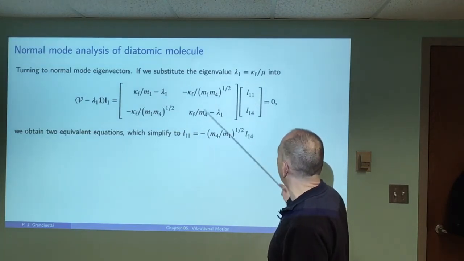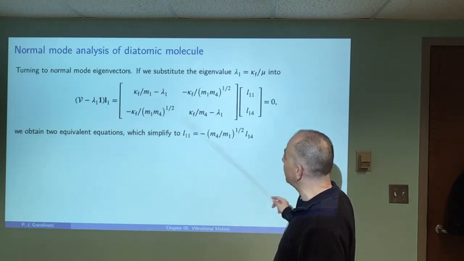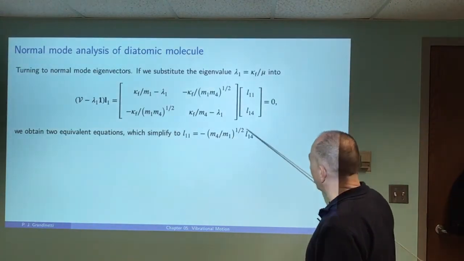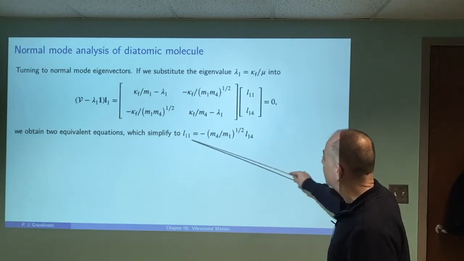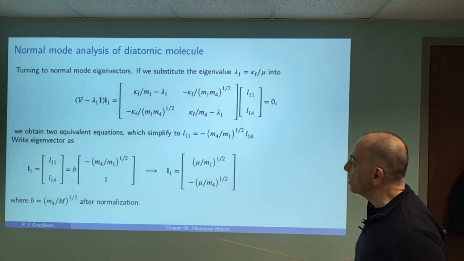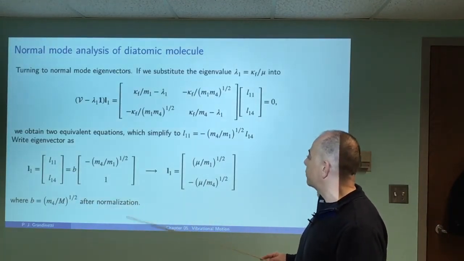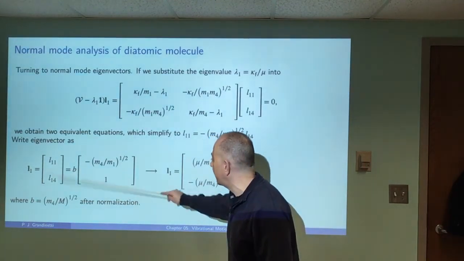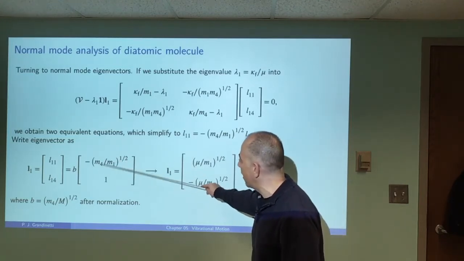That times L11 plus that times L14 gives us the other equation, but both those equations are identical, and they simplify to a relationship between the L11 and L14 elements. You see that they have to be related according to this equation. And of course, we also insist that the eigenvector is normalized. So we'll write down our eigenvector unnormalized here with some undetermined coefficient b with this relationship between the 2 elements.